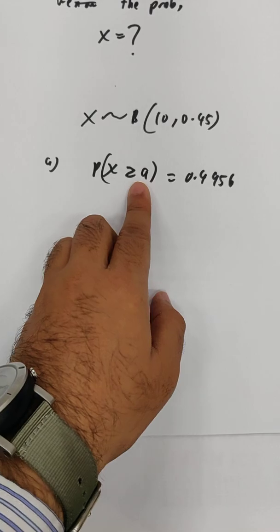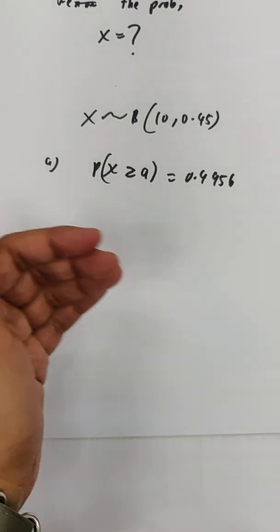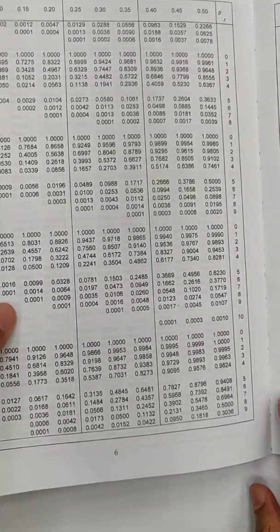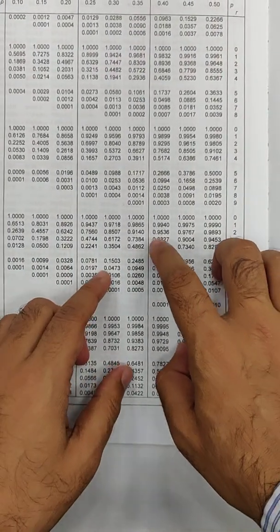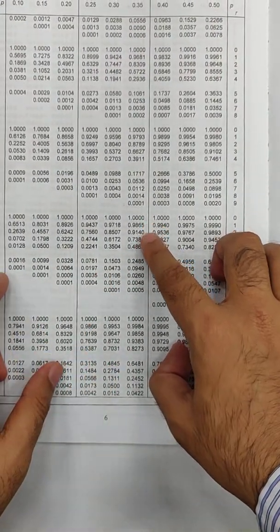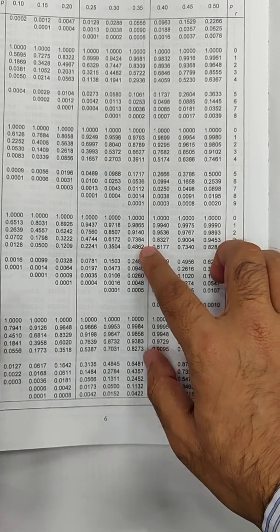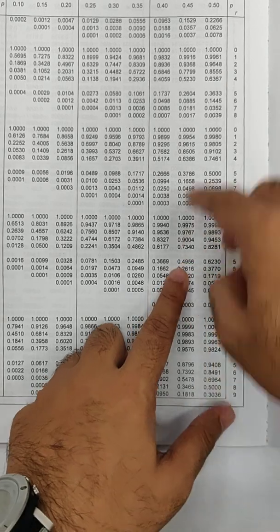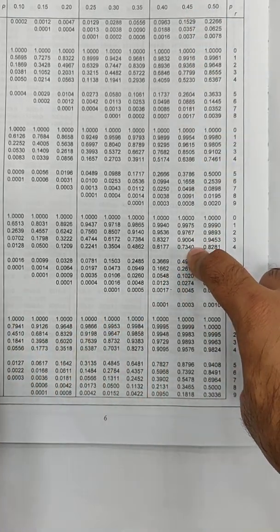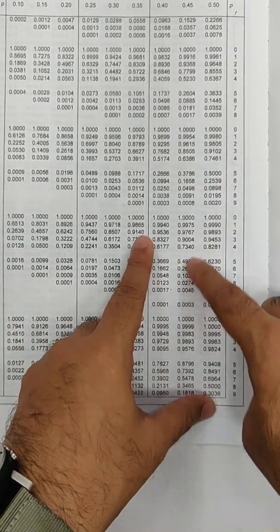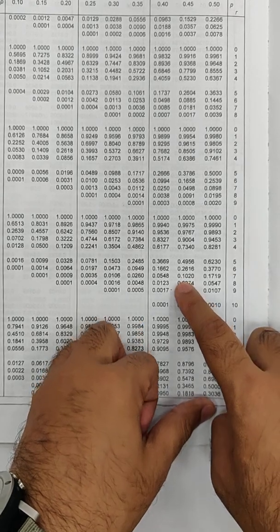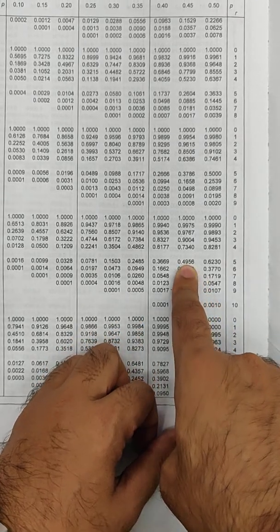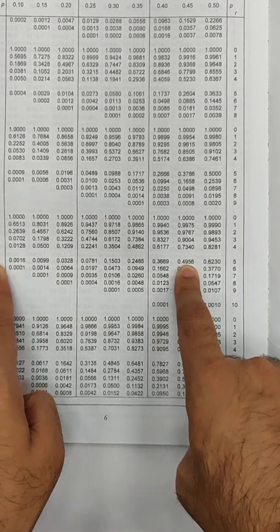Alright, so X is more than or equal to a, that means we're already moving in the left to right direction, okay? Did I find it here? Oh yeah, I find it here. 0.45 and n is 10, and I look on this table and I can find 0.4956. So that means my a is 5.